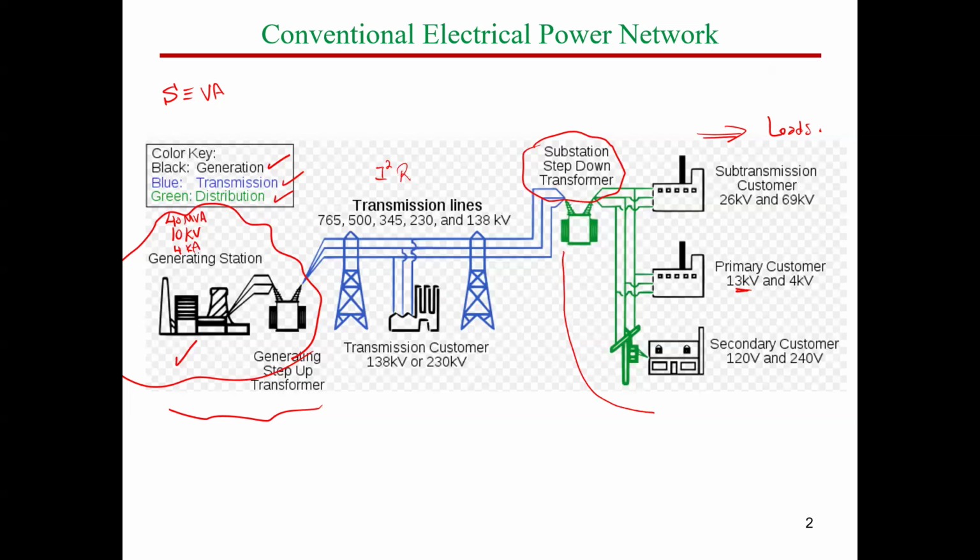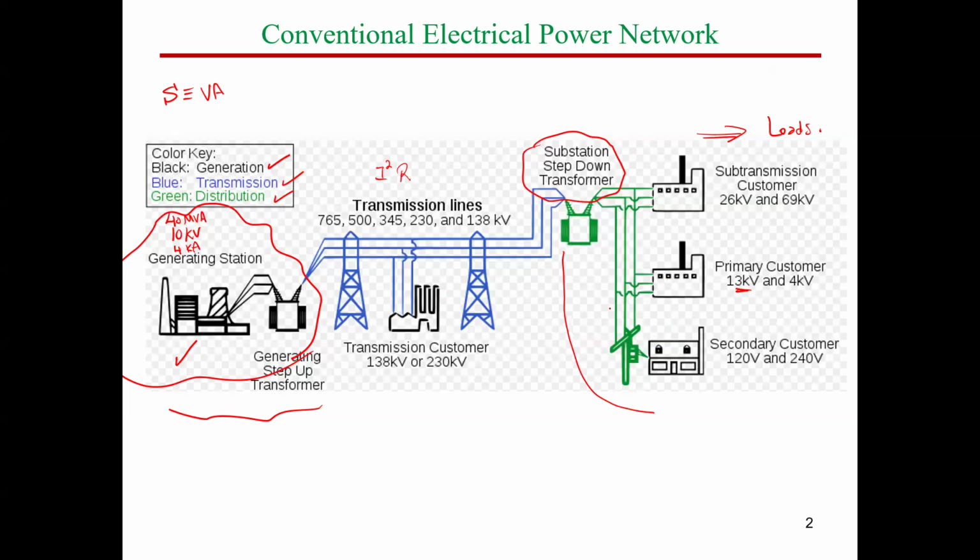If you have a look at this grid, guys, we don't have a source of power at the customer sites. So what happens if one customer here, for instance, has a rooftop photovoltaic system?